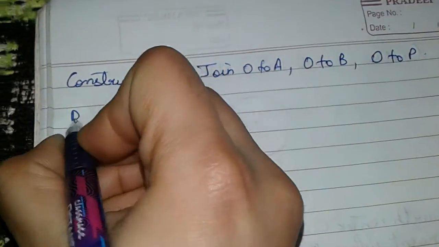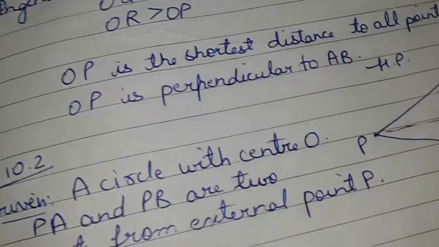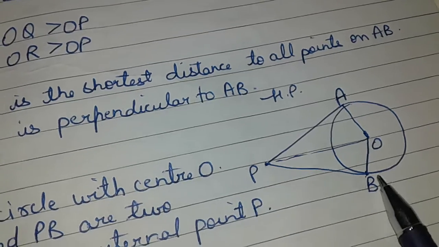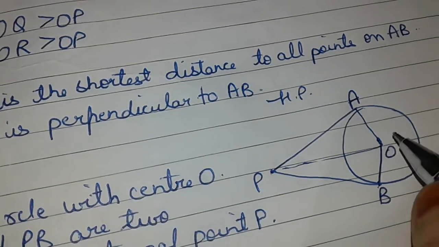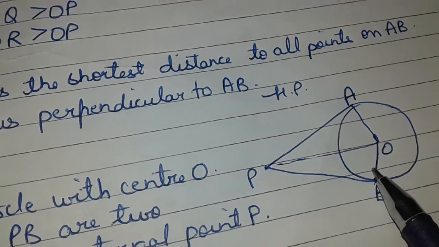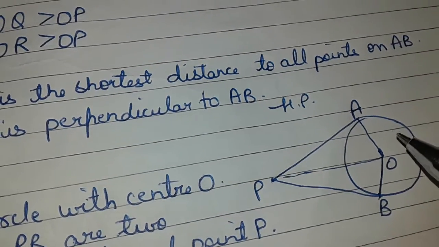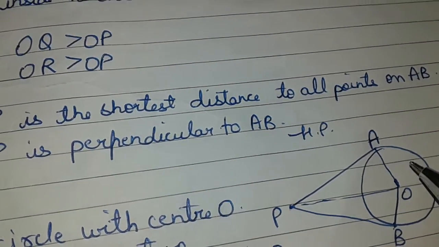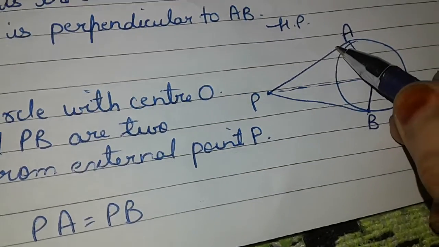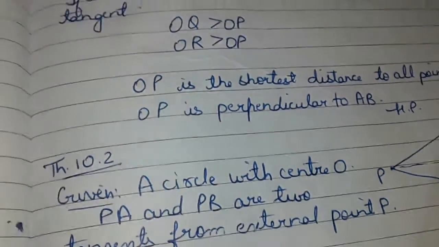Okay, let's start the proof. We will take these two triangles, OAP and OBP, and prove congruency in these two triangles. OA and OB are the radii. In theorem 10.1 we proved that the radius is perpendicular to the tangent.